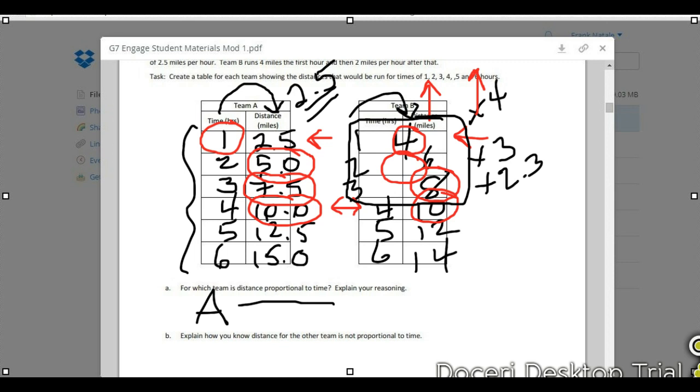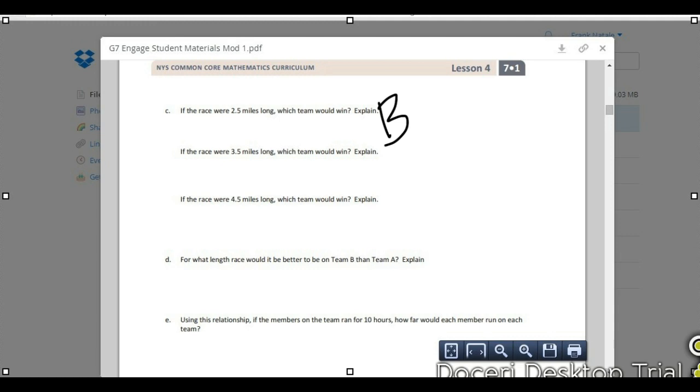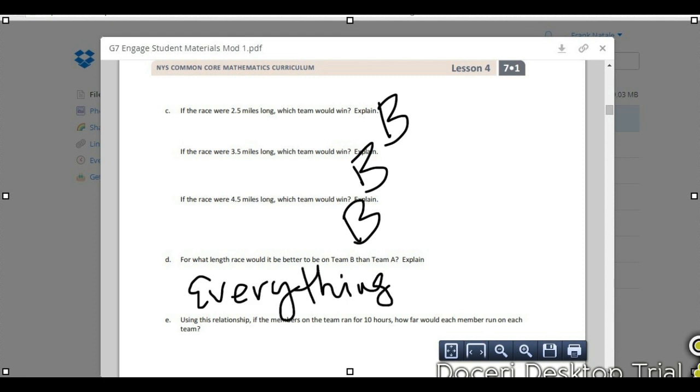Okay. If we look at the next question, it does indeed ask us again. These are B, B, B, and everything up to 10 miles.